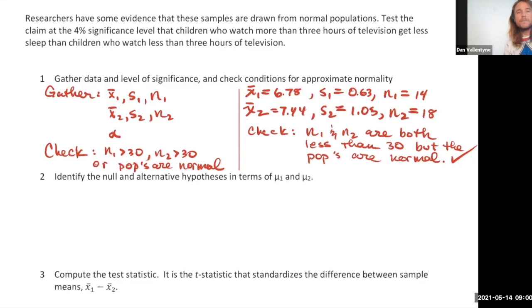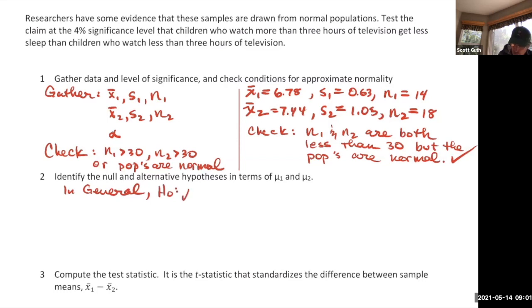Okay. So then in general, the null hypothesis is always going to be mu1 equals mu2. Now, there are cases where you wouldn't do that. Like I talked about last time, if these are average weight losses on two different diets, you could say on one diet people lost on average 10 pounds more.